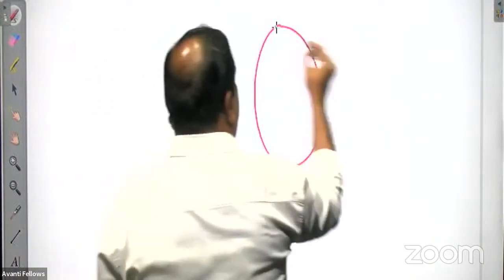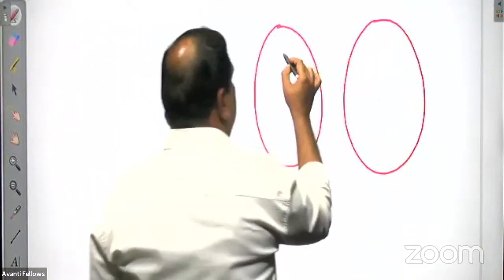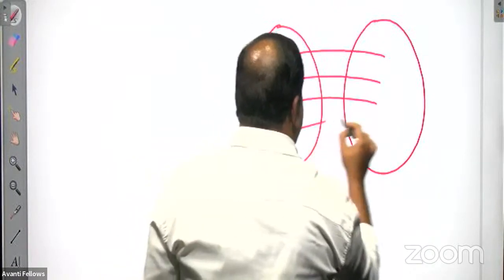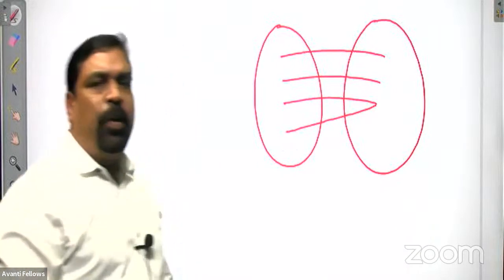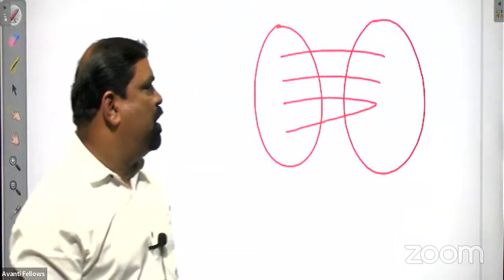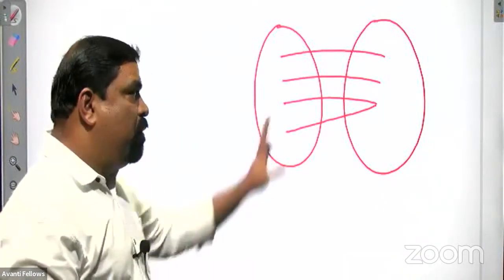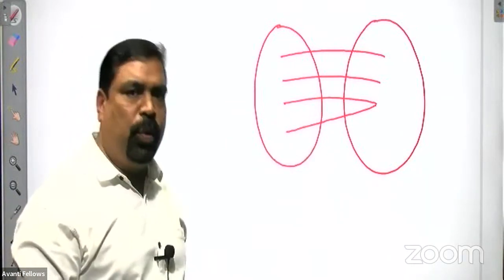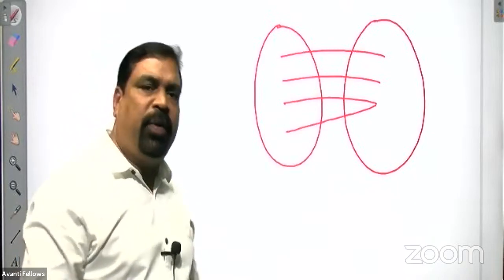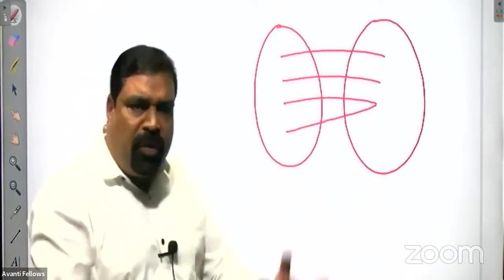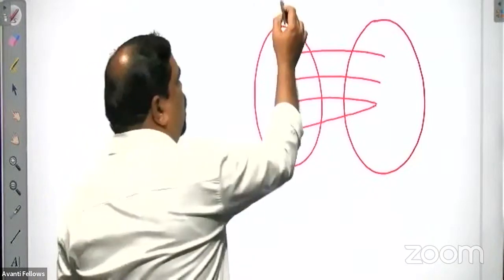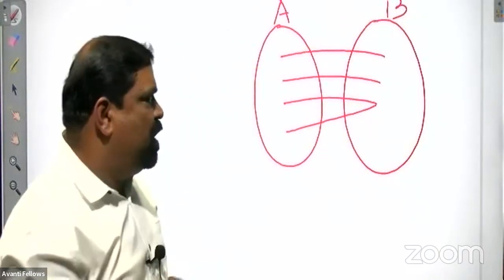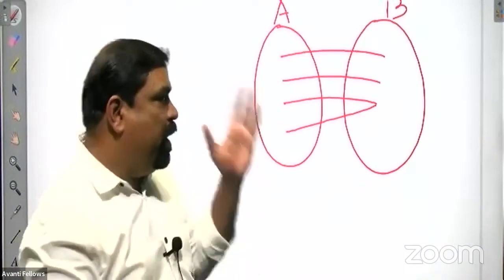Suppose we have a function, the mapping I am giving like this. From the arrow diagram, you can see that it is not 1-1, but it is onto. Now, can you think about the inverse function, the reverse function from B to A?